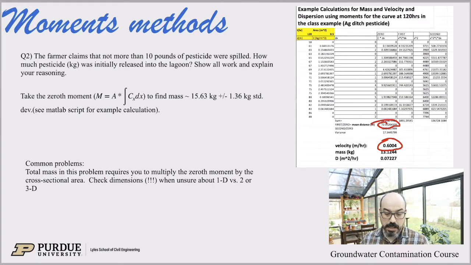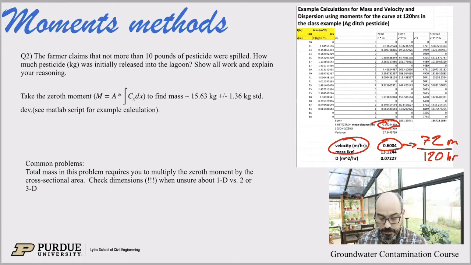That is the mean distance. For the velocity we need to divide the distance by the time. That was 120 hours, so the velocity is 72 meters divided by 120 hours, which is basically 0.6 meters per hour. That's how we get the velocity from the moments.